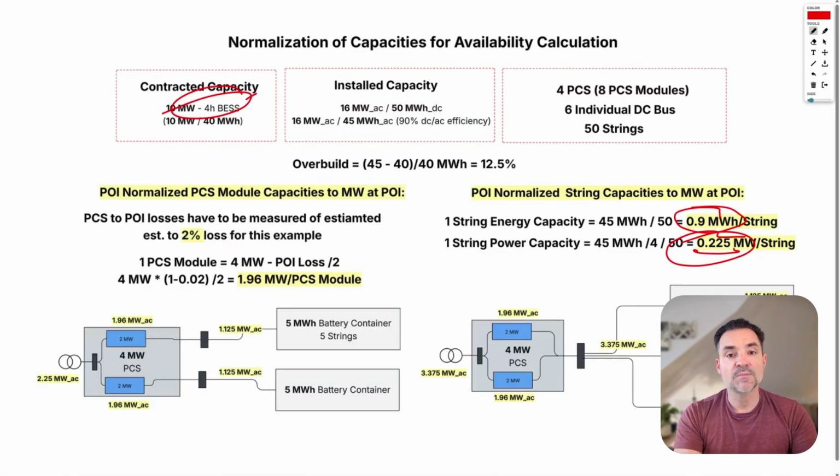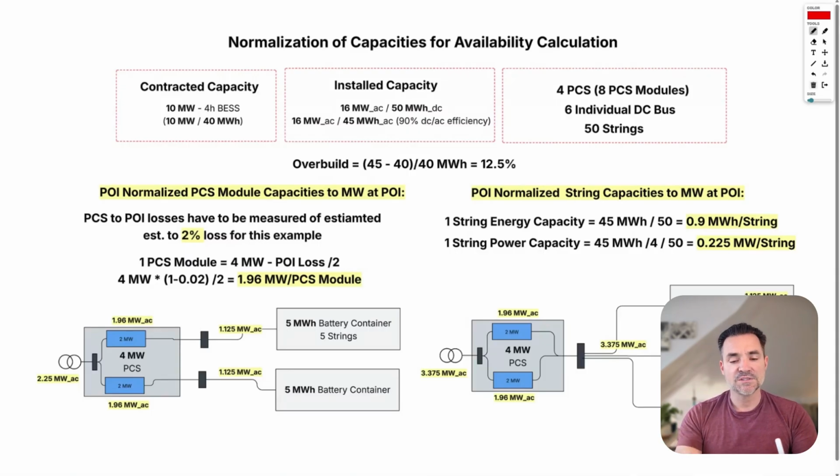And I think that's a good representation of the capability of that string. If you add all this, 0.225 megawatts times 50 strings, you get to 11.5, I think, megawatt. That's your installed capacity in megawatts, representative of the 45 megawatt hour of installed capacity. Play around with this number, make sure they all make sense.